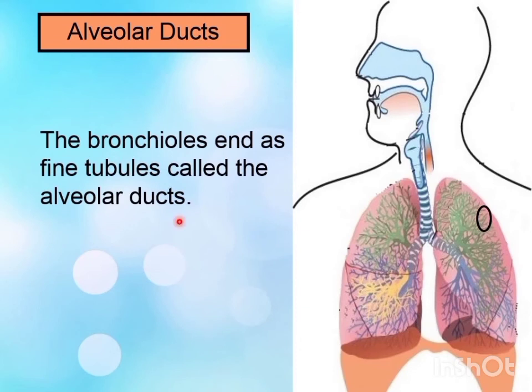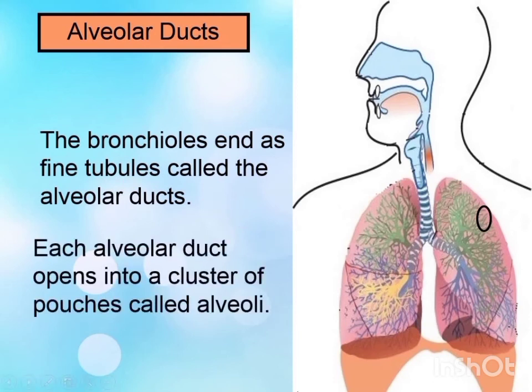The alveolar ducts. The bronchioles end as fine tubes which are called the alveolar ducts. Each alveolar duct opens into a cluster of pouches which are called the alveoli.